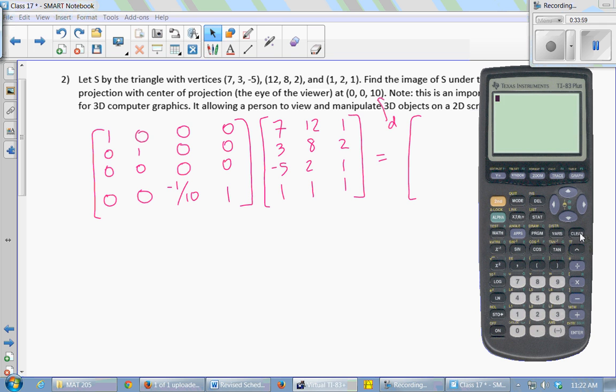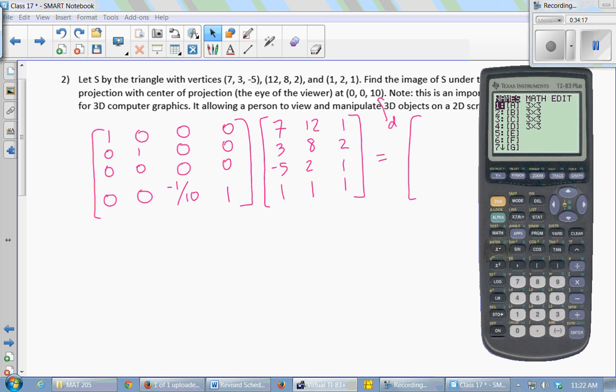That matrix came from following the line from the viewer through a point (x, y, z) in the 3D object into the XY plane, and this is the matrix that represents that transformation.